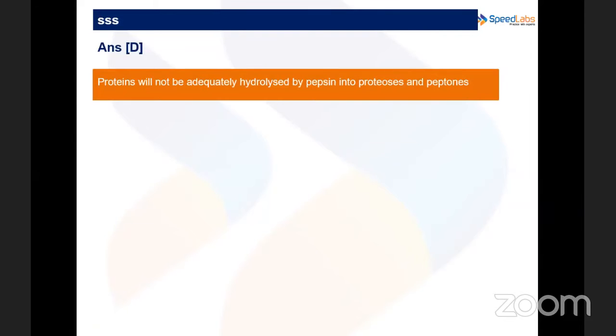Proteins will not be adequately hydrolyzed by pepsin into proteoses and peptones. What is the function of parietal cells? Parietal or oxyntic cells secrete gastric acid, HCl, and intrinsic factor. So if these are absent, HCl would not be present.